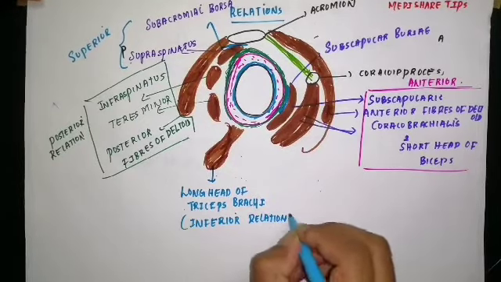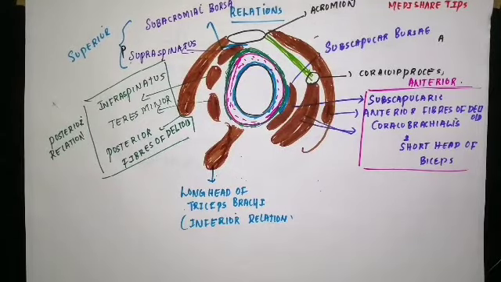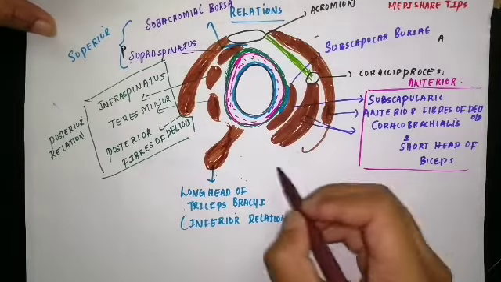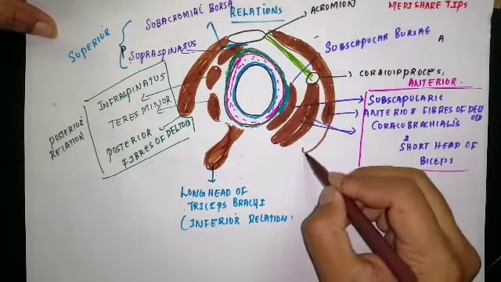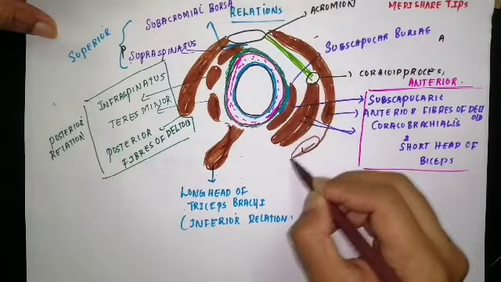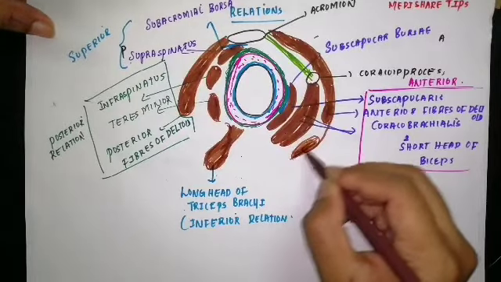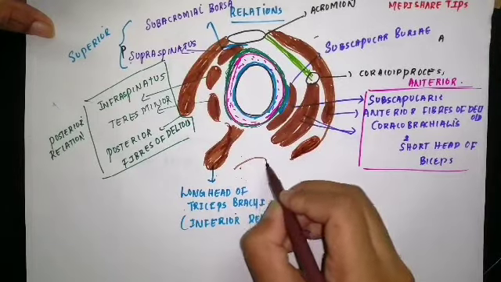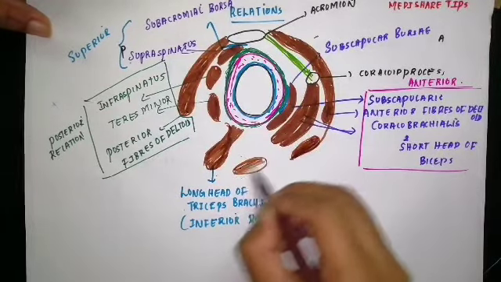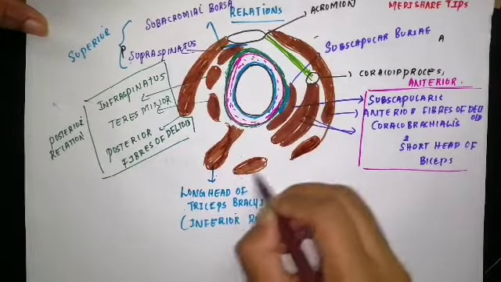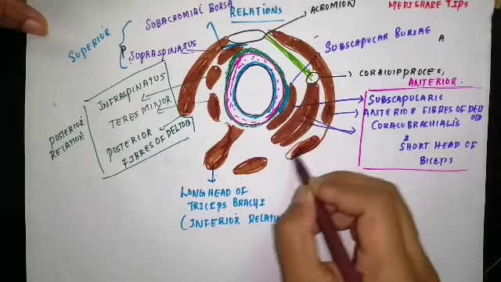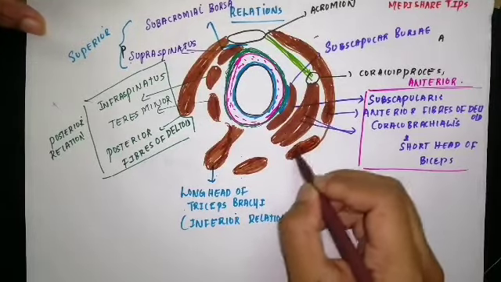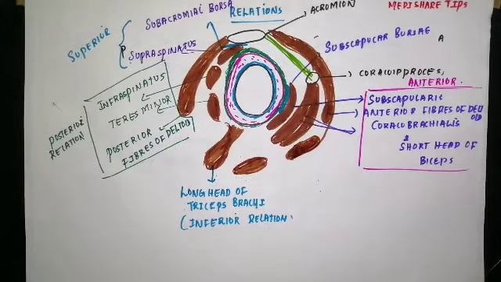Now which are the other muscles which can be seen in this cross-section? These include the pectoralis major muscle and the teres major muscle, which can also be seen here. So these are the relations, the diagram of relations of the shoulder joint.